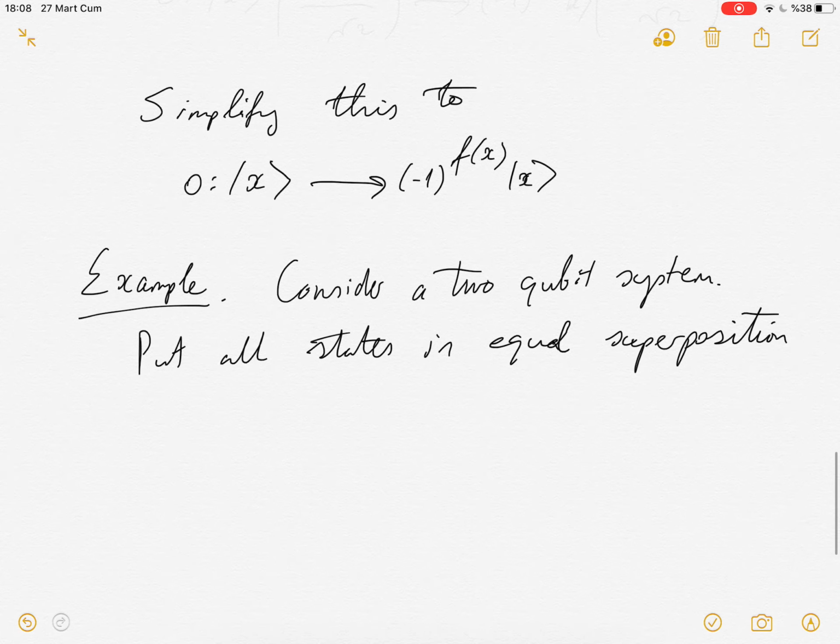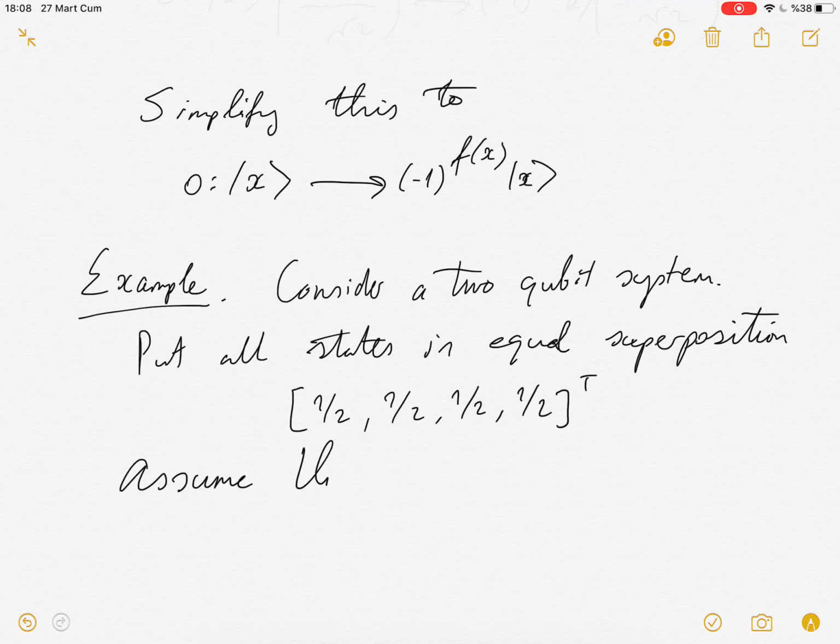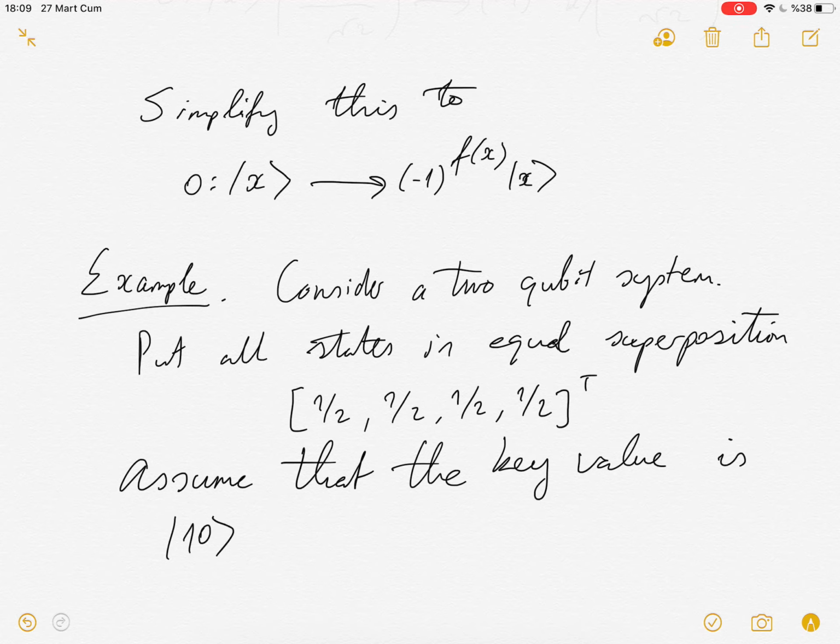If we put all inputs into superposition, then we get 1/2, 1/2, 1/2, 1/2. Now, suppose that we're trying to find the basis state ket 1, 0.